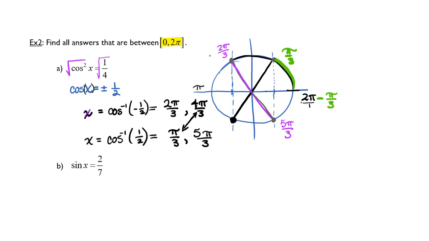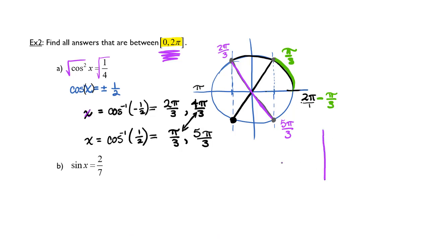And I could just list 2 pi over 3 plus pi k. So it depends on whether you're asked for just one period of the function or the whole thing.